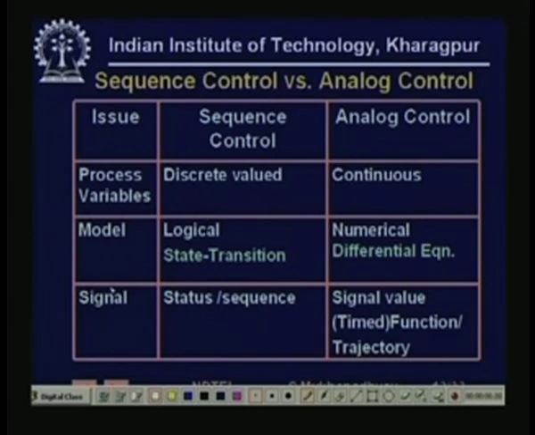Similarly, the signals, generally the signals indicate some status. So, something is on, off, maybe a traffic light is either red or amber or green, or sometimes signals are, in this case, sequences of symbols.